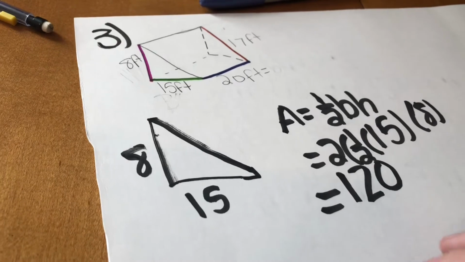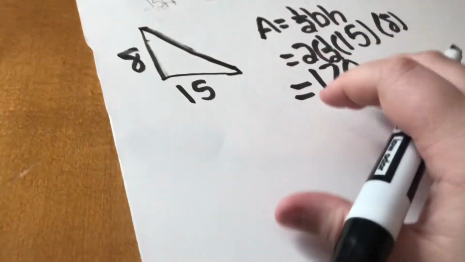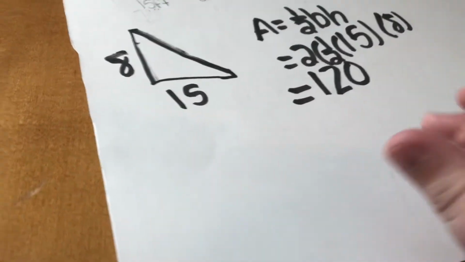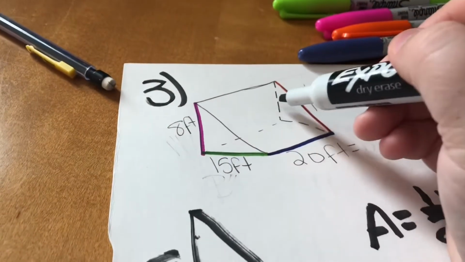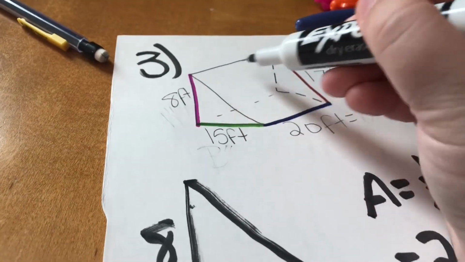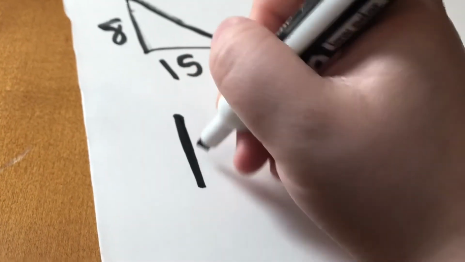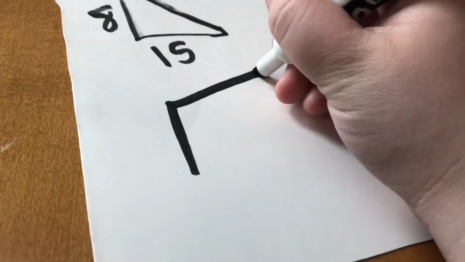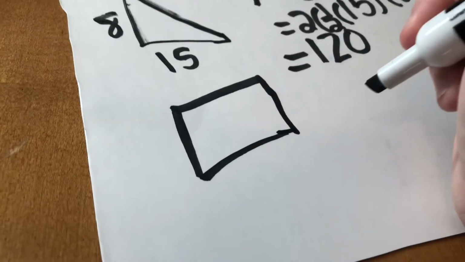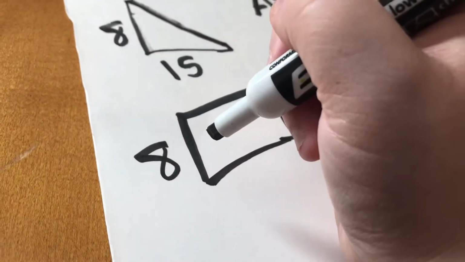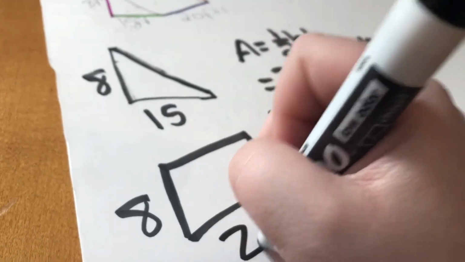Now we can see that there should be 1, 2, 3 other either squares or rectangles in this. So let's go ahead and draw this one right here. Do you see that one right there? I'm going to draw it down here. So it is 8, and it should also be 20 on the bottom.